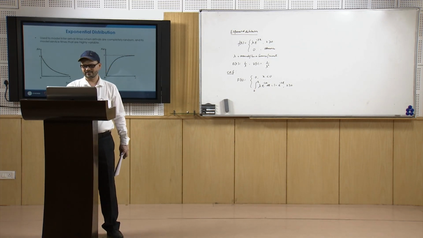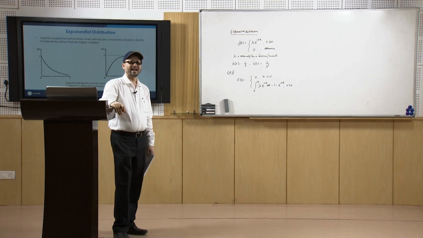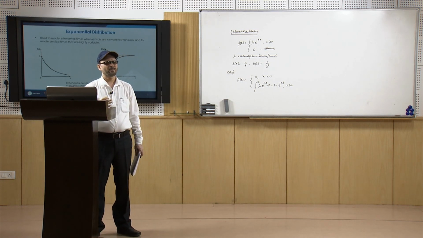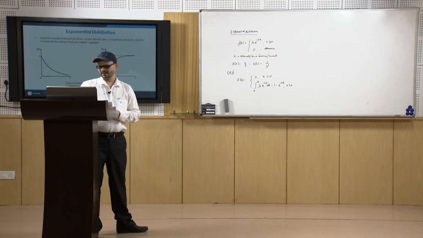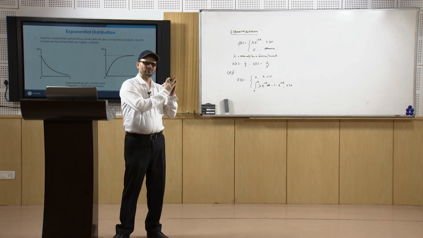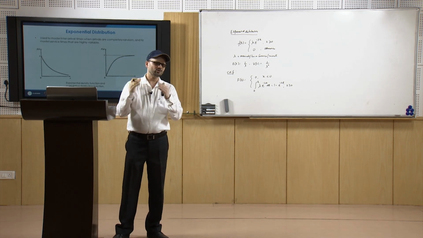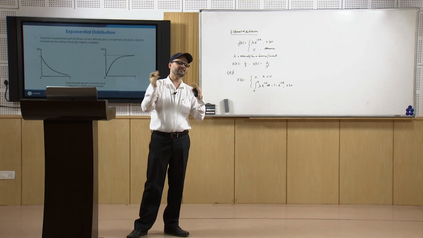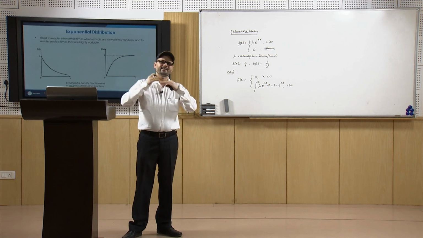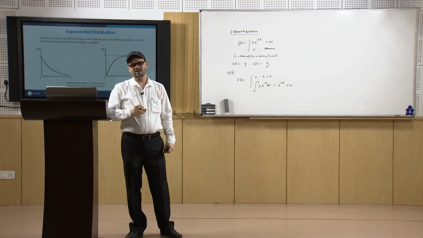So, let us take one example. Before that we should know that this exponential distribution is said to have a memoryless property. Suppose there is a certain mean rate, and you have used a product for a certain time, and then further you ask the probability that it will work for another some hours.